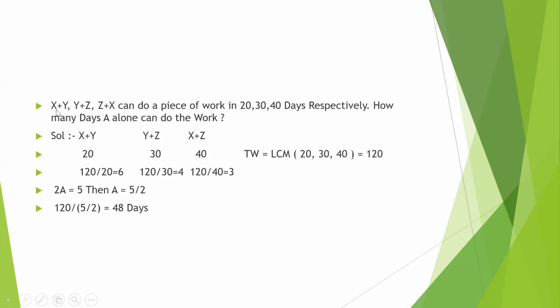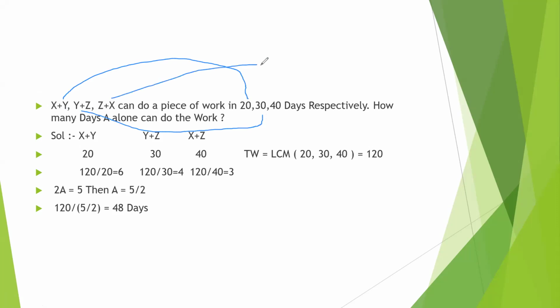Here we see that x plus y, y plus z and z plus x can do a piece of work in 20, 30 and 40 days. The two persons x plus y can do a piece of work in 20 days. The same work y plus z can do in 30 days.